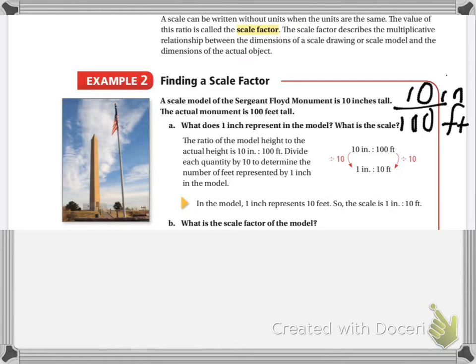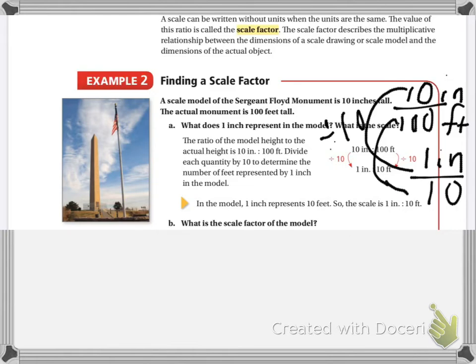Now we're going to take that down into a scale of 1 inch is equal to how many feet? So I've got 1 inch. How did I get from 10 to 1? I divided by 10. So I'm going to do the same thing, 100 divided by that 10, and I get 10. So I know the scale is 1 inch to 10 feet. That gives me that scale of the model to the actual.